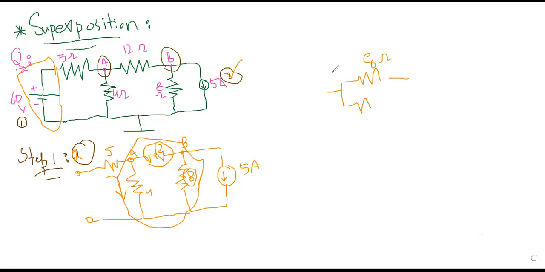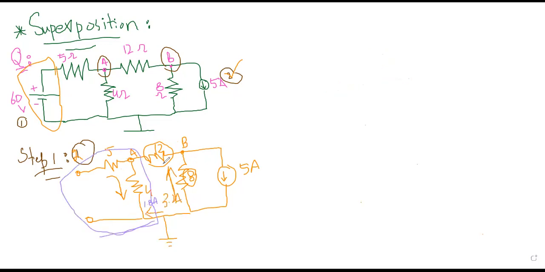Now there is 2 ohm, that is 2 amperes. First is the 5 ohm resistance and second is the 4 ohm resistance. Both are parallel to each other, this and this.